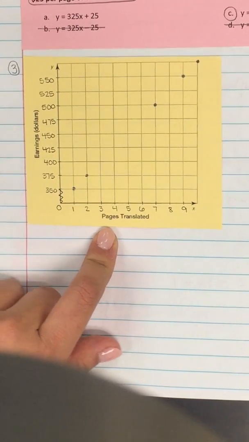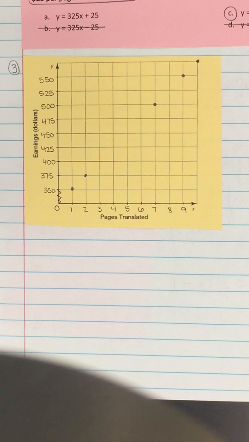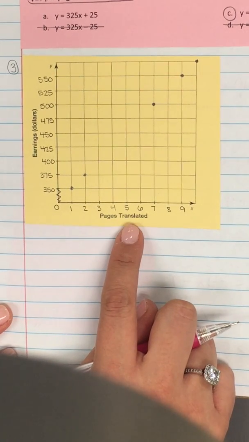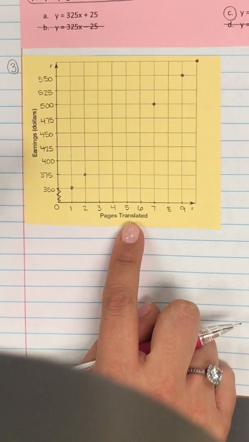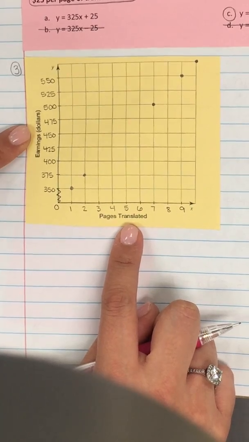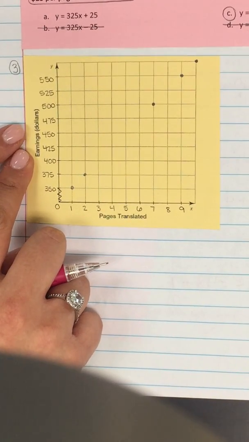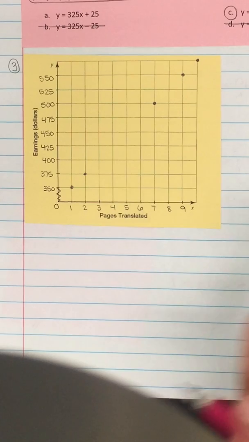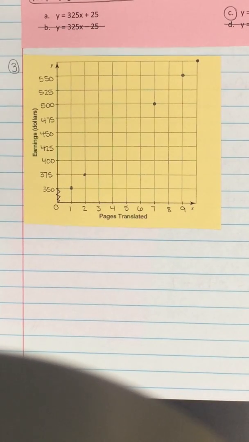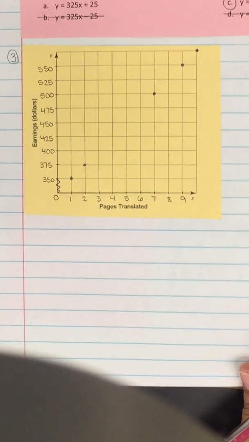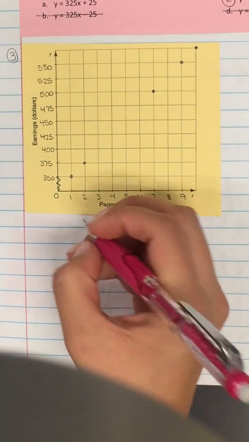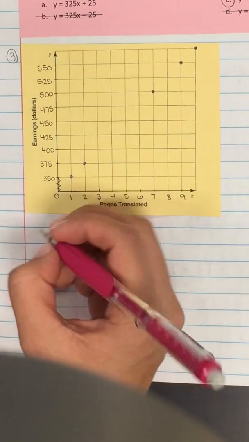On the x-axis, I have pages translated. Can we have half of a page? Sure. Look at what's on the y-axis. Can you have half of $1? Of course you can. So since we can have half of each one of those, that means that I can connect these dots, so our graph is going to be continuous. And let's write that below.